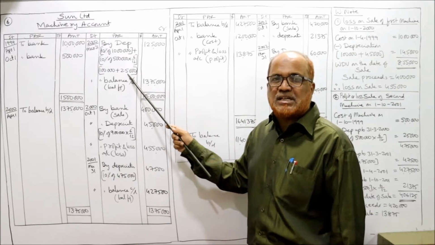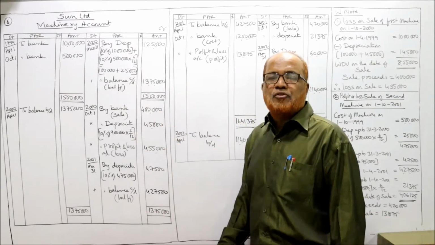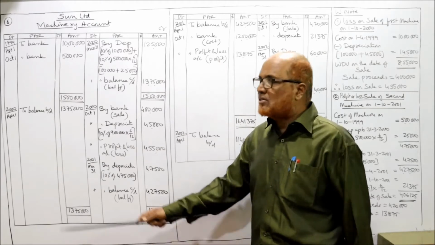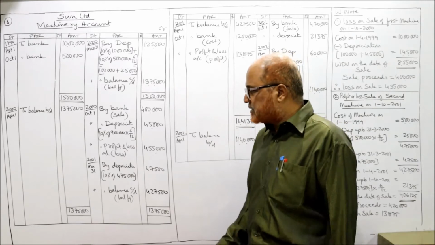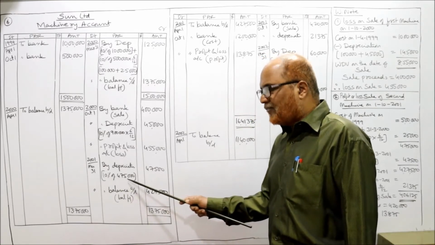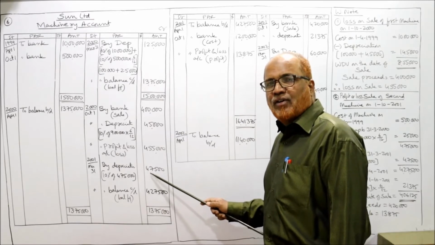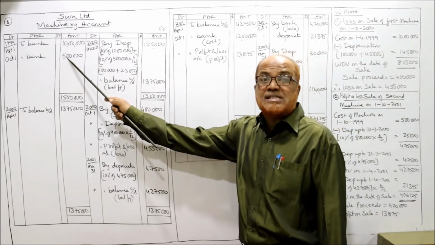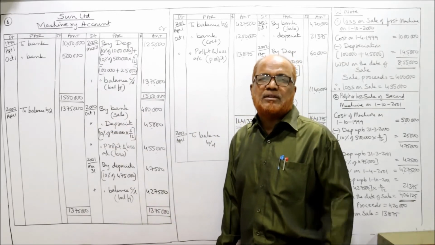So 5 lakh minus 25,000, 4,75,000 is the value at the beginning of the year. On that 4,75,000, 10% is 47,500. 47,500 is the depreciation on the second plant on WDV method, written down value method.